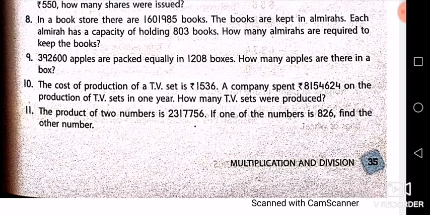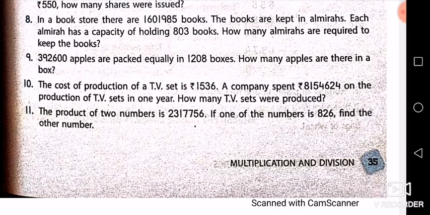Related to that, tomorrow we will do a worksheet. In that worksheet we'll take questions which make your concept clearer regarding division word problems. We will also revise the concept of word division.